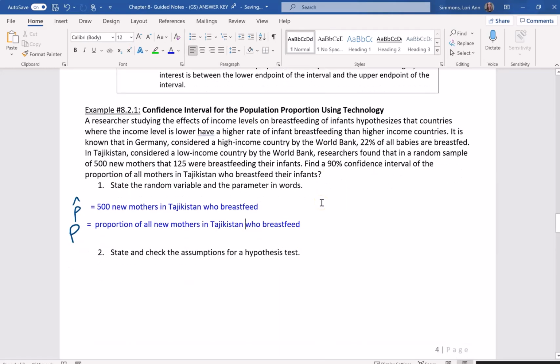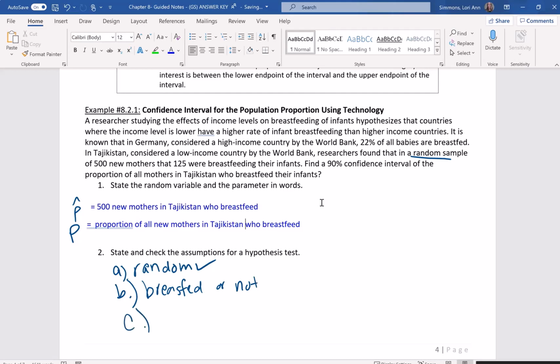Okay, state the assumptions. Is it random? Yes, if it's not stated, we can assume. There's the random B. 2 outcomes. They're breastfed or not.